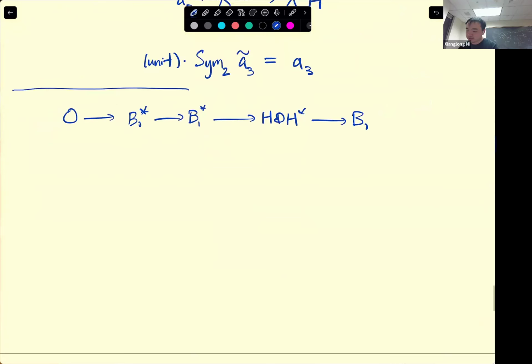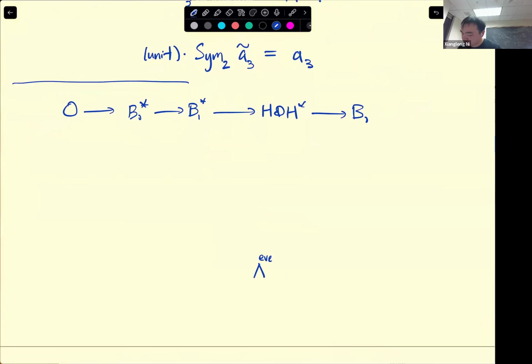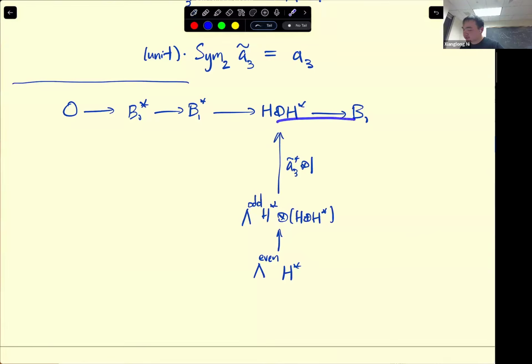I claim that if you take this other representation, wedge even of H dual, there's up to scale a unique SO-equivariant map from this to wedge odd H dual tensor the standard representation. Then this maps to this via A3 dual tensor 1. It turns out that what you get here is a cycle in this complex. So it lifts, not uniquely, and you choose a lift, and I'll call this W.